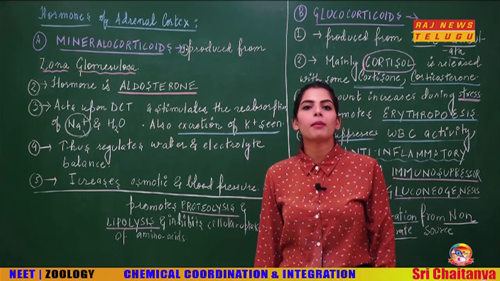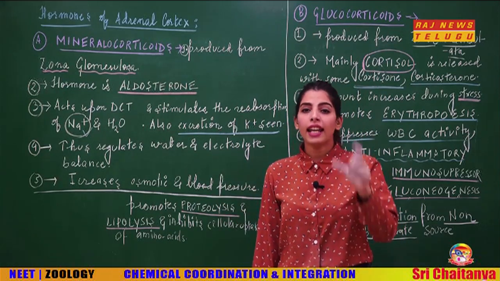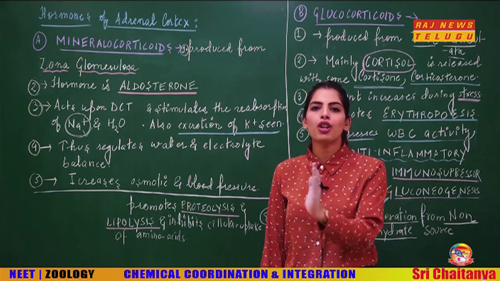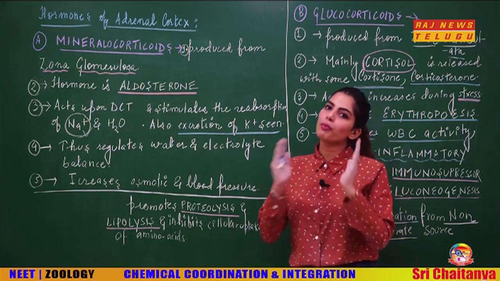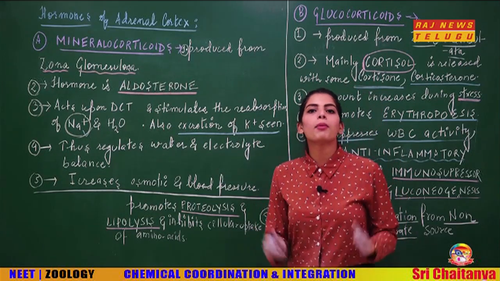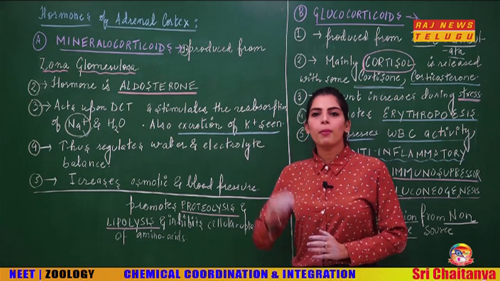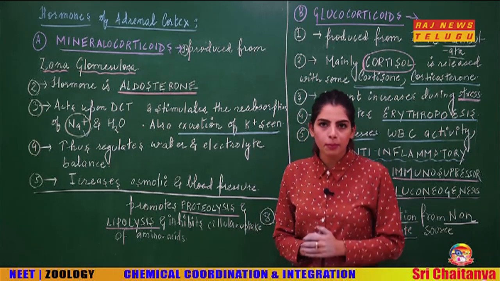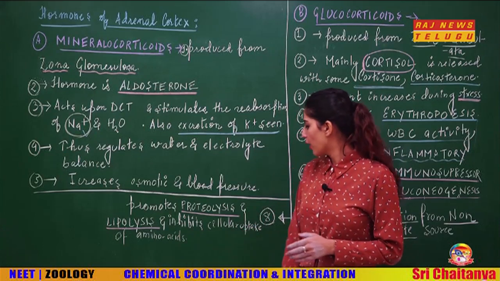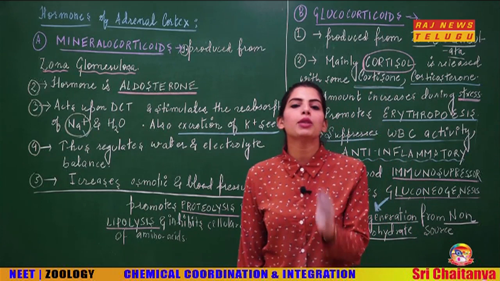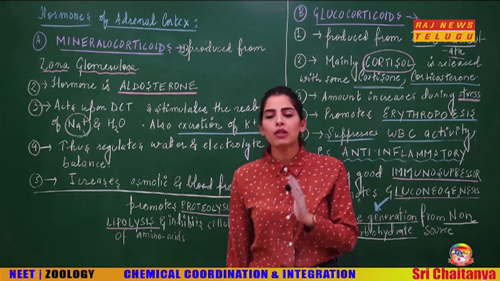You have already read about the enzymes lyases that break down. Proteolysis is breakdown of protein. Lipolysis is breakdown of lipid. So it is going to favor both proteolysis as well as lipolysis, and it is going to stop the cellular uptake of amino acids.